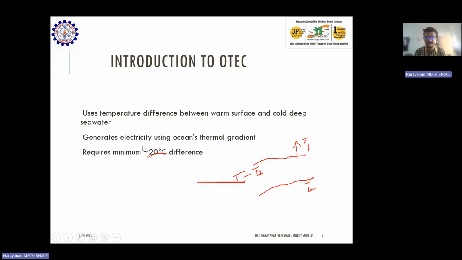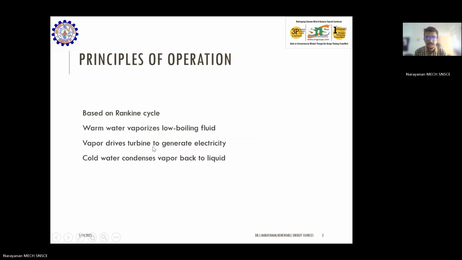So the ocean thermal energy cycle generates electricity using the temperature difference between the surfaces of an ocean. It is based on a Rankine cycle, which consists of a boiler, a turbine, a condenser, and a pump. So warm water vaporizes a fluid.